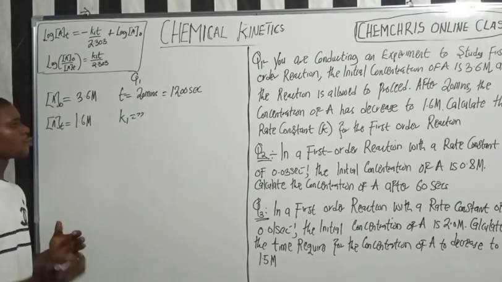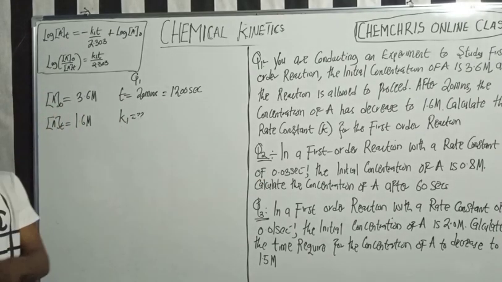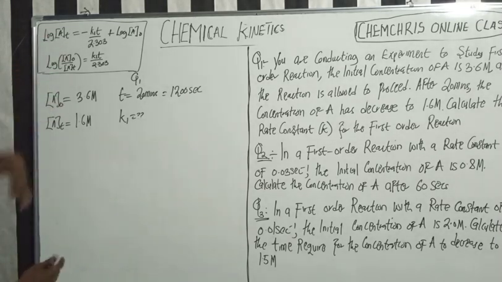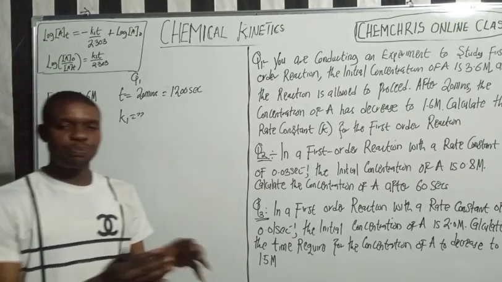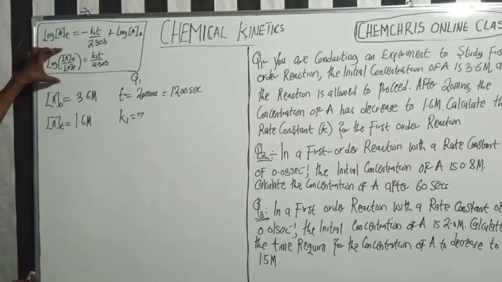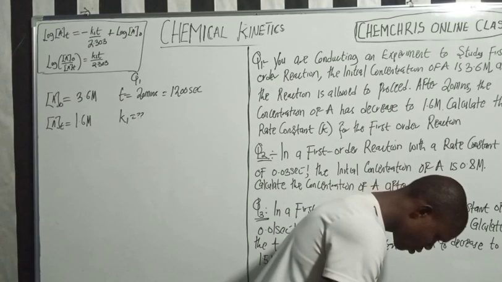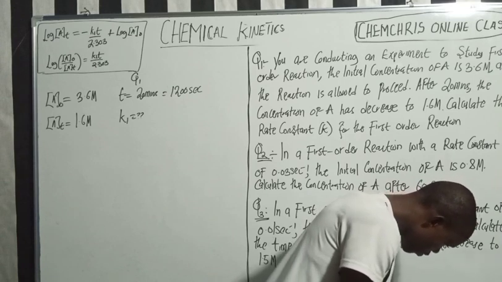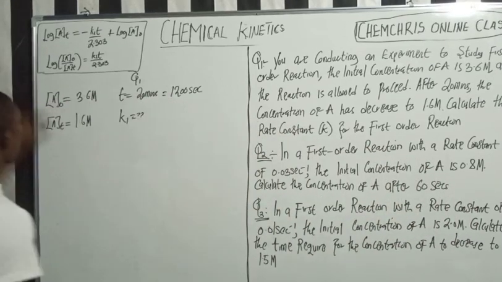So from here, let's look at what you can easily use to solve the problem. You can use any of them. You are the one who decides to pick the one most suitable for you. To me, I want to use this one.